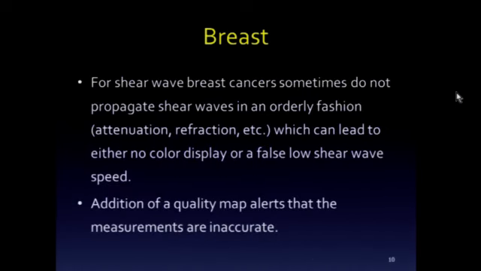So for shear wave, breast cancers sometimes do not propagate the shear waves in an orderly fashion. They're attenuated and refracted, and this can lead to either no color coding display or false low shear wave speeds. And again, the addition of a quality map by one vendor has alerted us that these measurements, although they may have come up with a number, are very inaccurate and shouldn't be used.